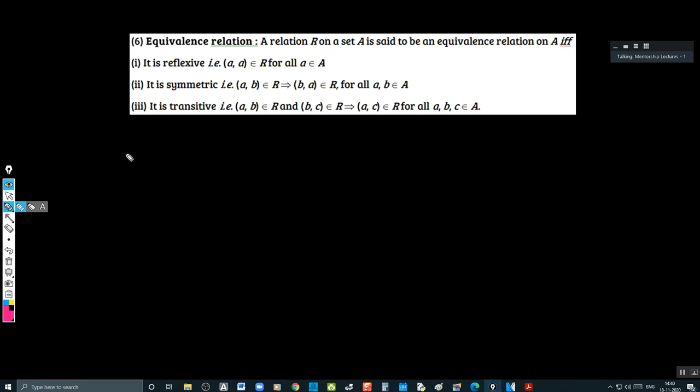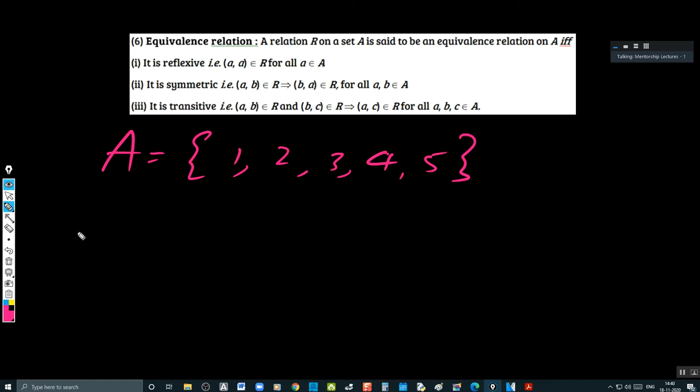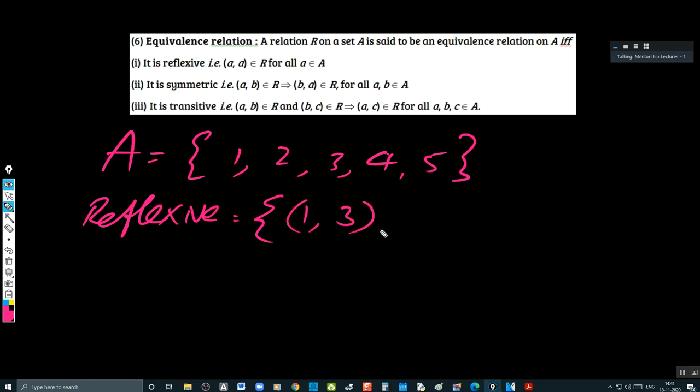I'll tell you, to clarify your doubt here, I have taken, for example, A equal to {1, 2, 3, 4, 5}. If you want a reflexive relation, for example, if I take (1, 3), (3, 1), let me say.